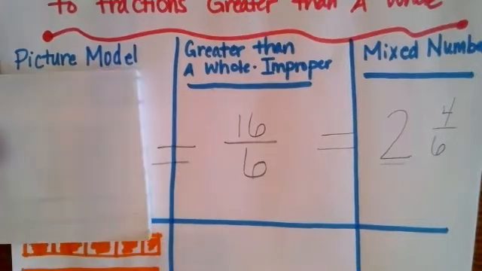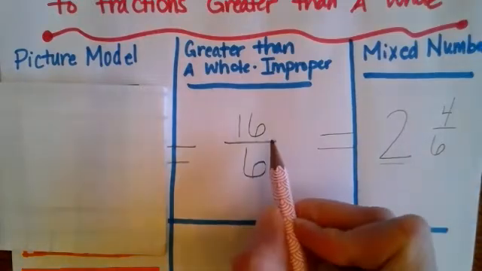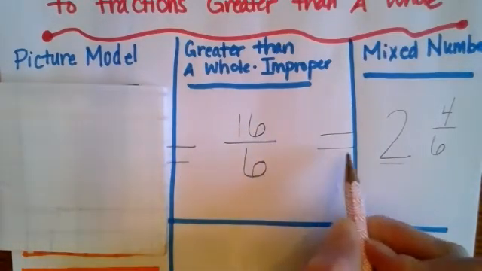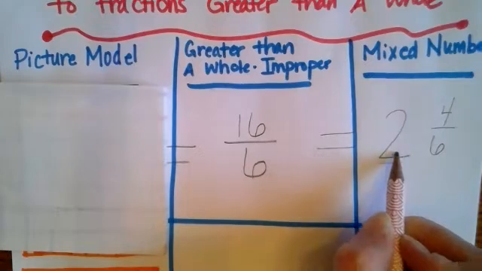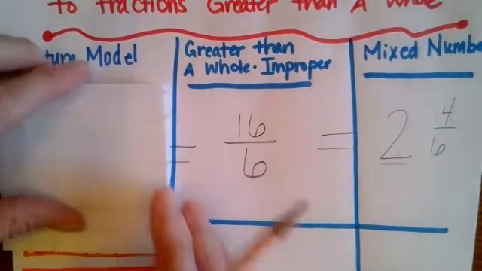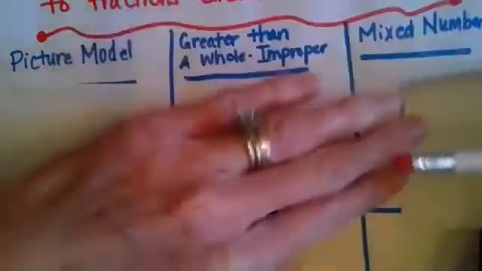Okay. If you didn't have a picture model here to help you, and your workbook said you have 16/6, what does that equal as a mixed number? Here is the strategy for figuring that out.